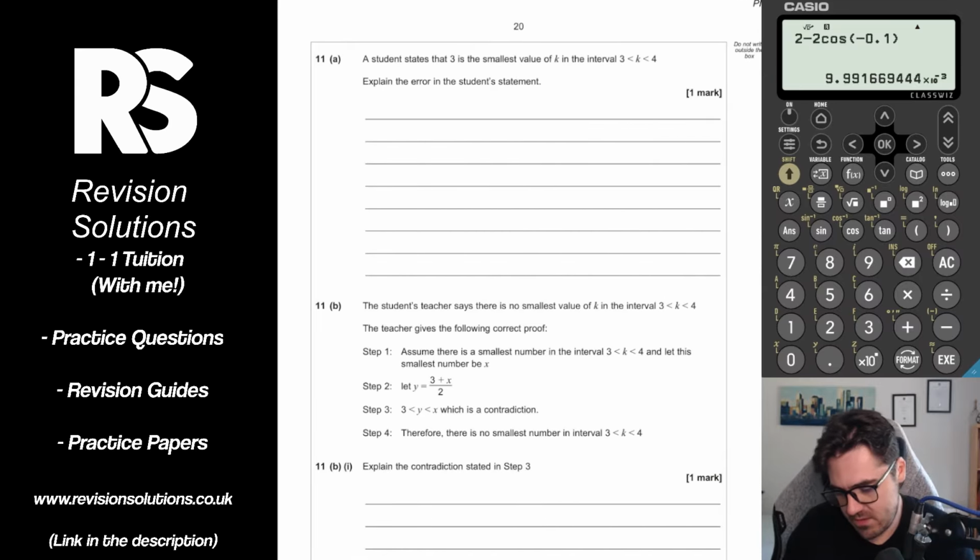Going for question 11, it says a student states that 3 is the smallest value of k in the interval 3 is less than k is less than 4. Explain the error in the student statement.